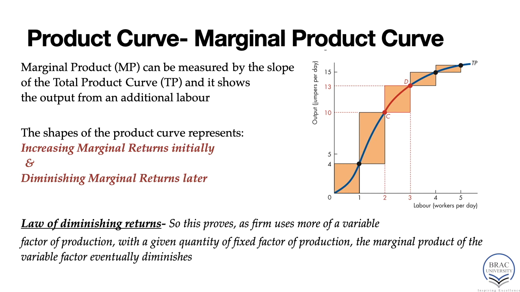If we see in our case here, the third worker is not producing as many jumpers as the second worker. The reason is that all the gains from productivity have been exhausted. Or to put it more simply, the factory now has enough workers to utilize all its machines or fixed resources fully.